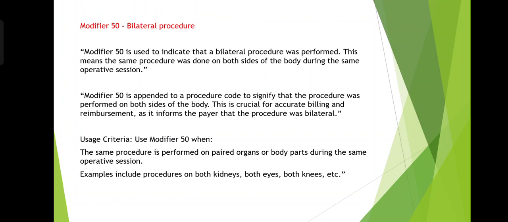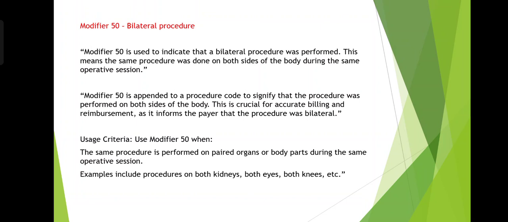Modifier 50 is appended to a procedure code to signify that the procedure was performed on both sides of the body. This is crucial for accurate billing and reimbursement purposes, as it informs the payer that the procedure was bilateral.